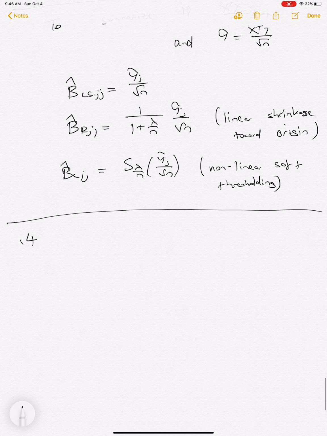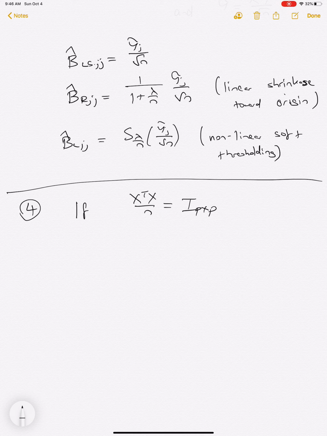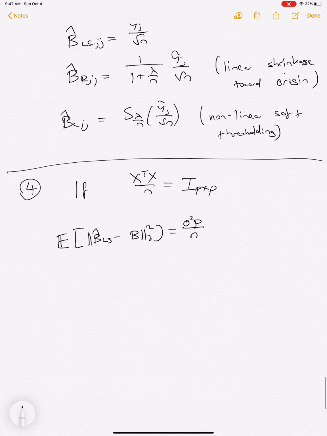And then to wrap it up, in terms of analysis, we again use this notation, if X transpose X is equal to the identity, because things are much simpler there, since we can break it down coordinate by coordinate. We know that the least squares estimate has this mean squared error.